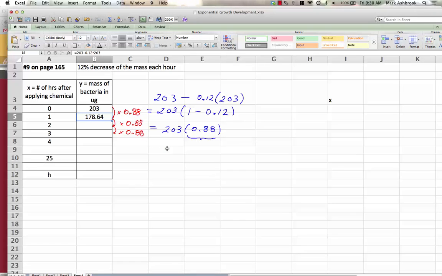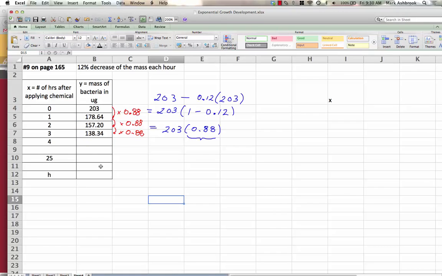So every hour, a 12% decrease means multiplying by 0.88. Does that make sense? So here's the numbers you should have gotten, at least for those two.